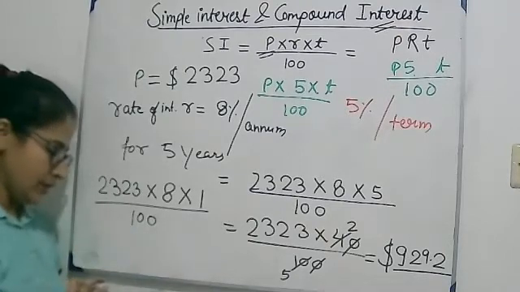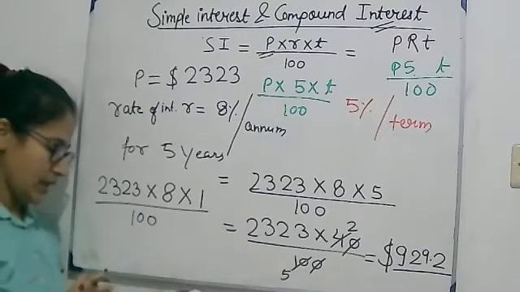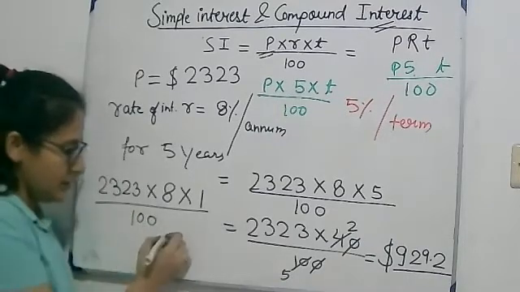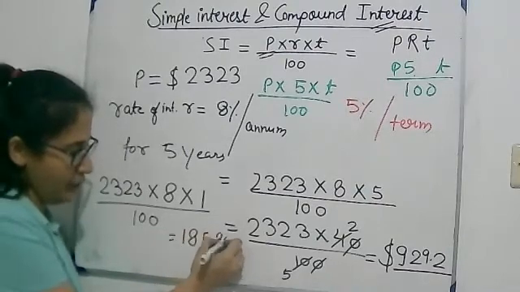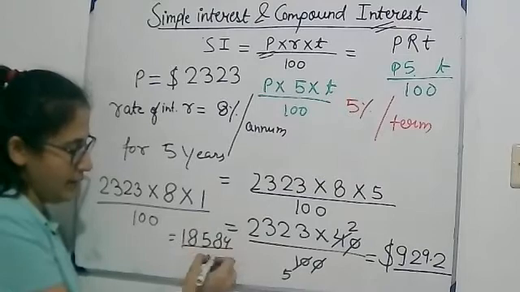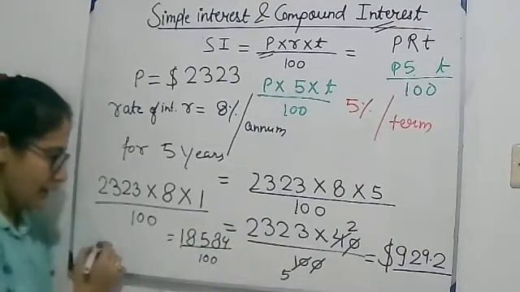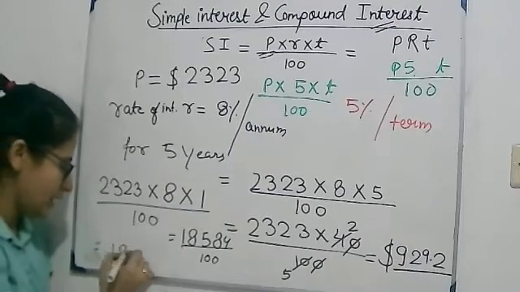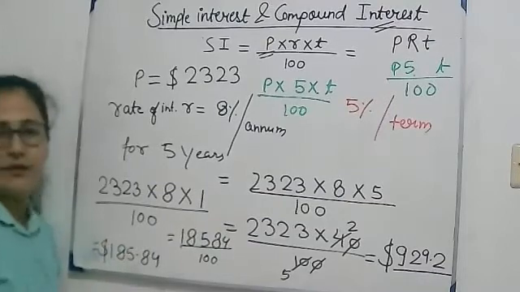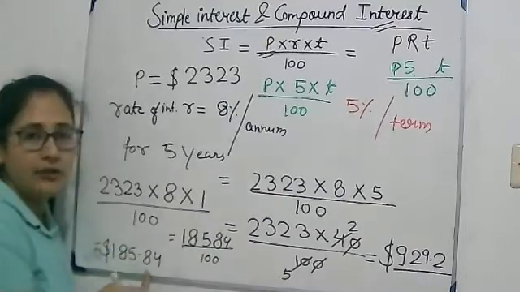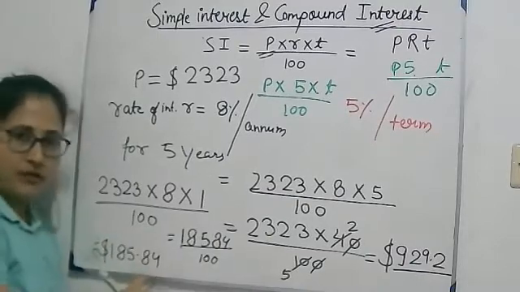It will be 2323 times 8 equals 18584. Divide by 100, and the value is 185.84, $185 and 84 cents. So this is the simple interest for the first year.